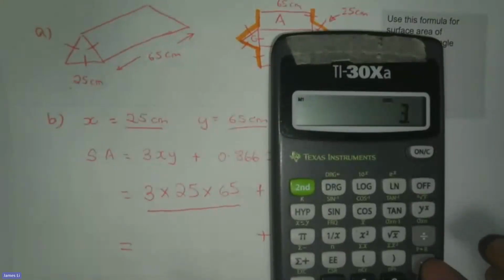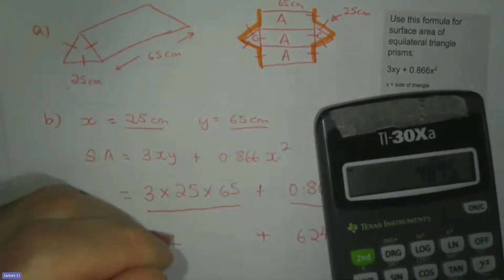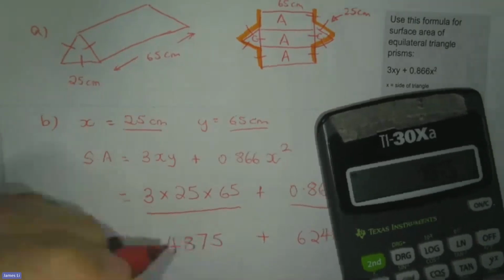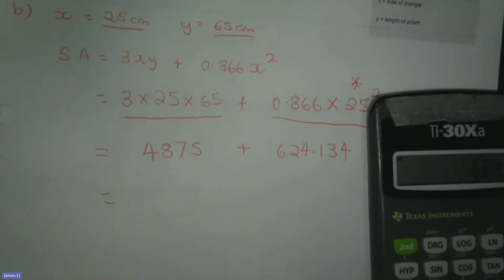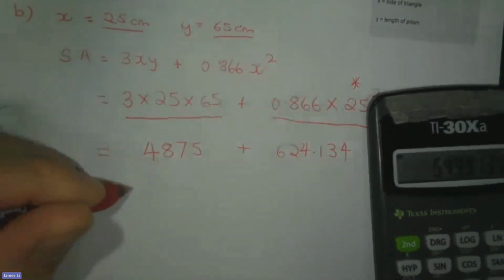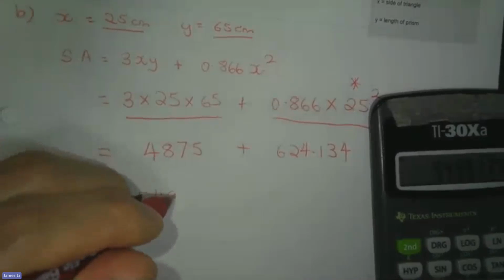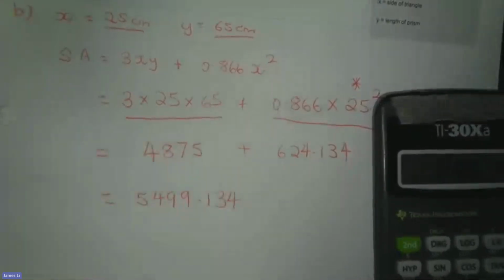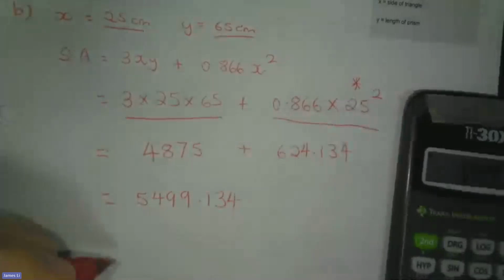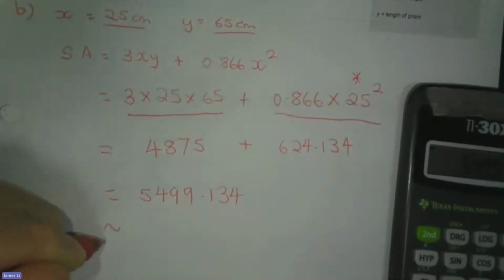So 3 times 25 times 65, I get about 4875. Okay, and then 4875 plus 624.134, I get 5499.134. And then you just round it to one decimal place.